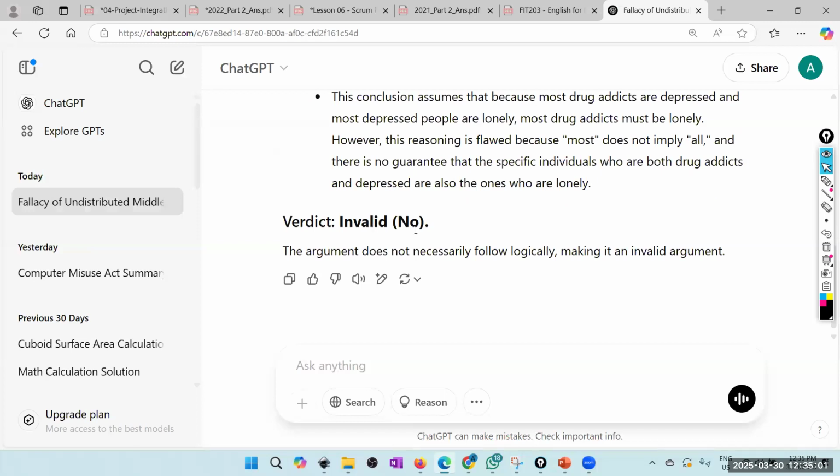It says invalid. The argument does not necessarily follow logically.